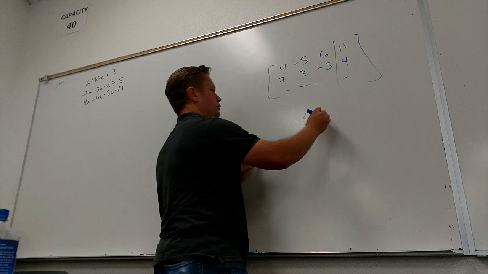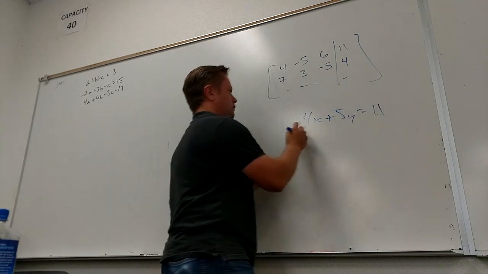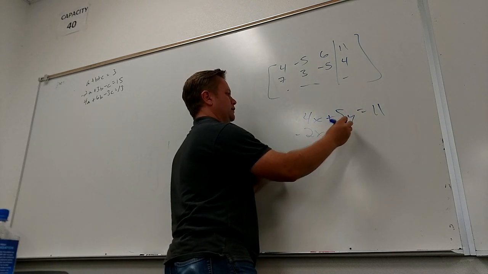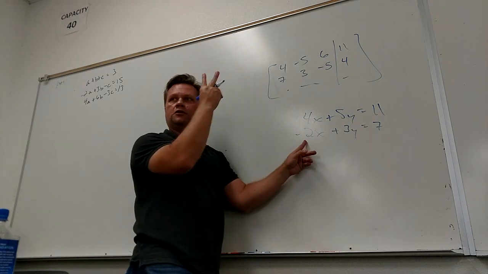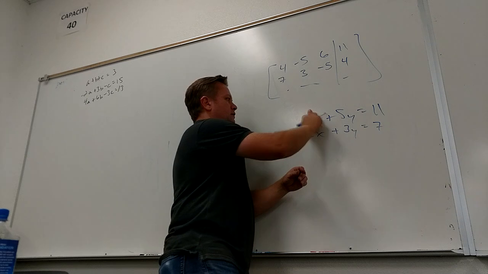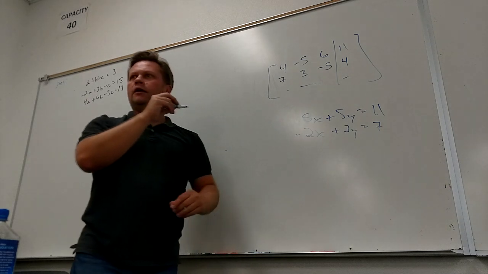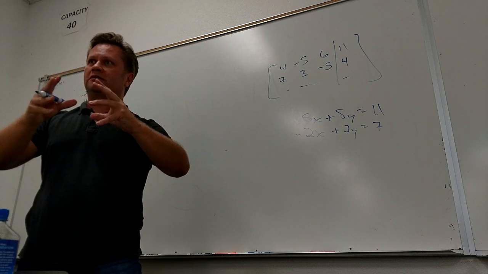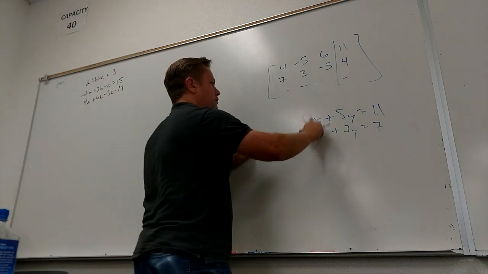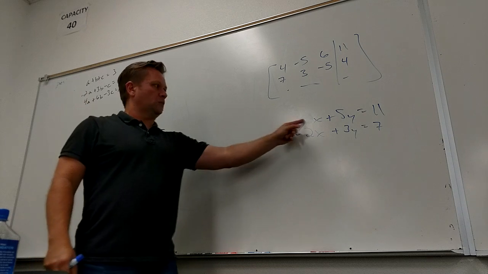So remember doing this by hand, if I had this, why is this kind of nice? What would you do first? Multiply this one thing by 2, right? But if I did this, you have to multiply both of them by something, but is that difficult? No. Or if this was a 1, then just multiply by 2.